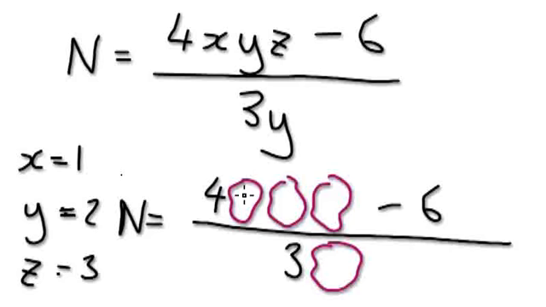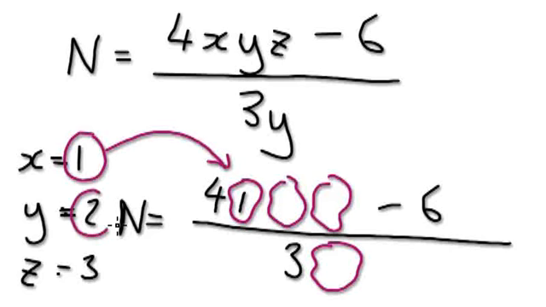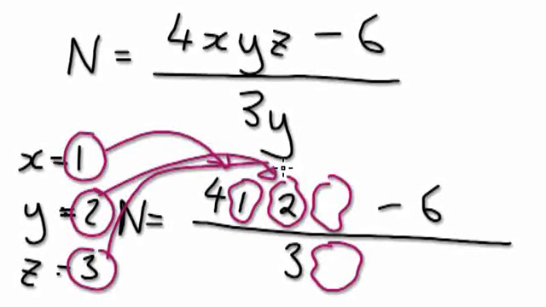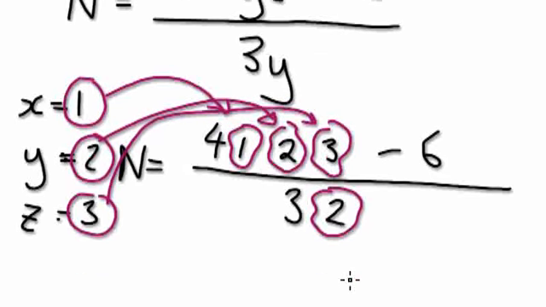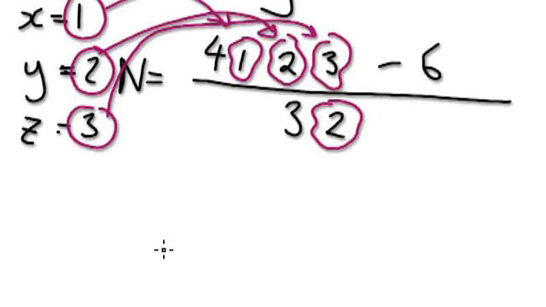Okay, so let's see, x is this 1 here, so put that into here, which is 1. Okay, y, well, y is 2 here, so put that into this bit here, so that's 2. Z is 3, so put that into here. Yeah, and y here, y is 2, isn't it? Well, y is 2, so we can put it into here. Okay, so it looks a bit messy, but it's okay.